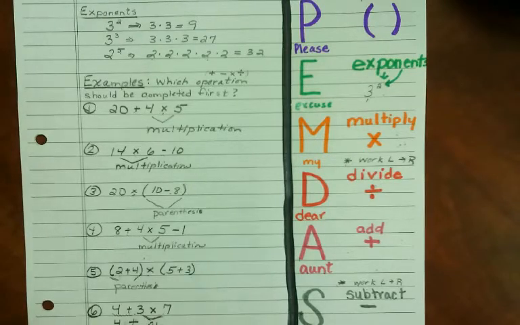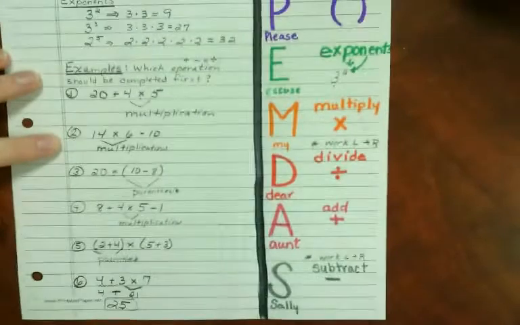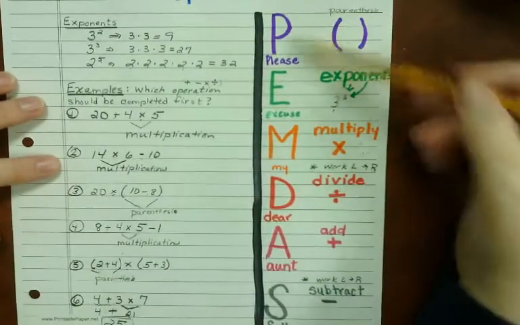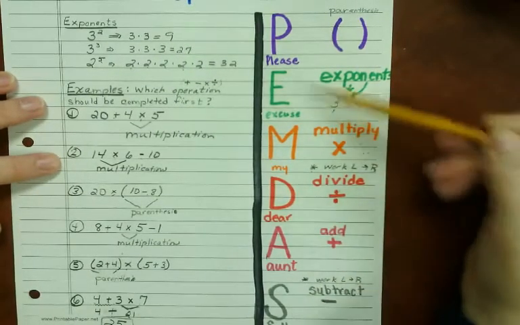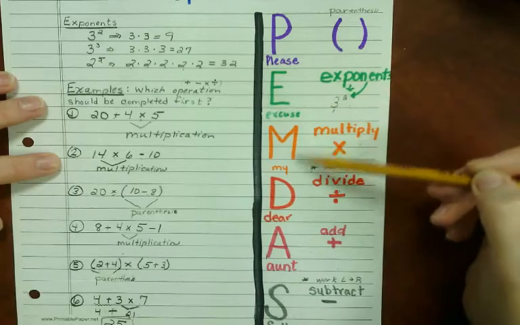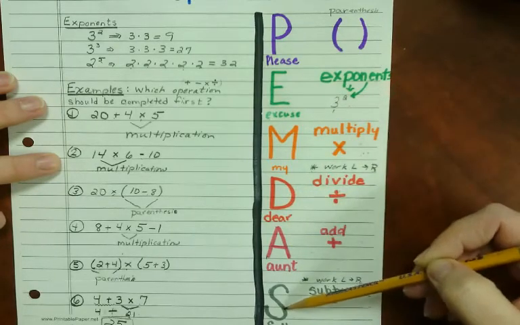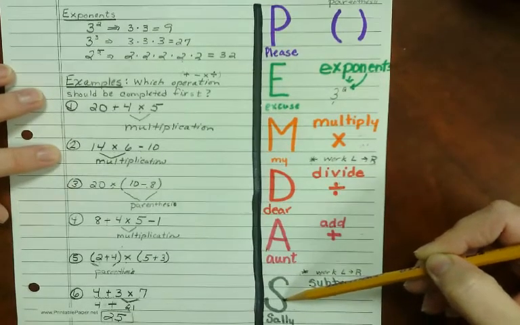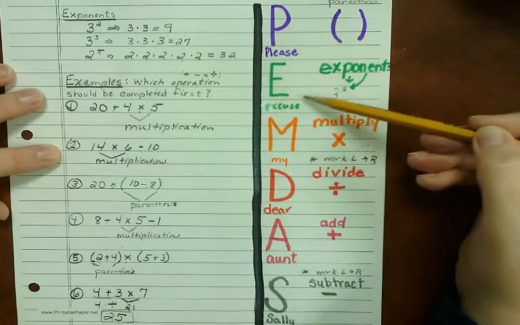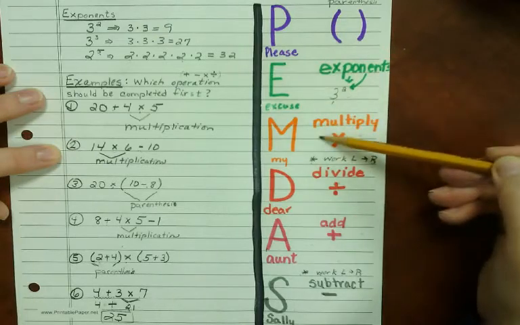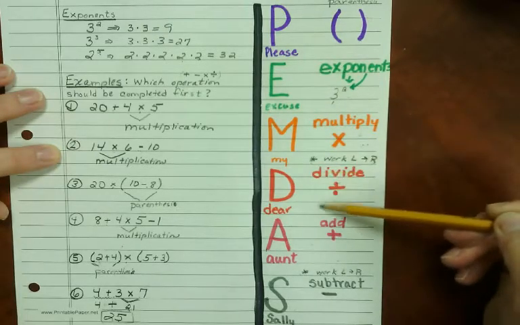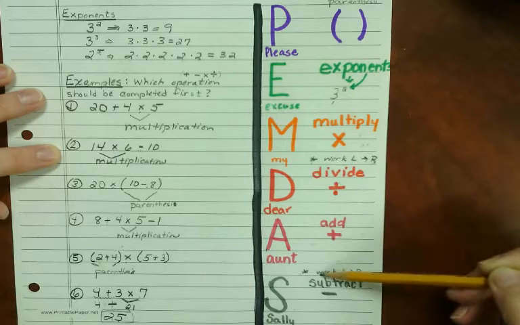We are looking at PEMDAS: Please Excuse My Dear Aunt Sally. That's called an acronym. So parentheses, exponents, multiplication, dividing, adding, subtracting.